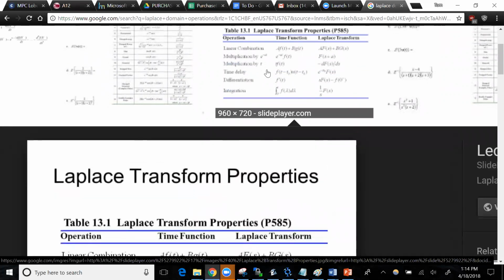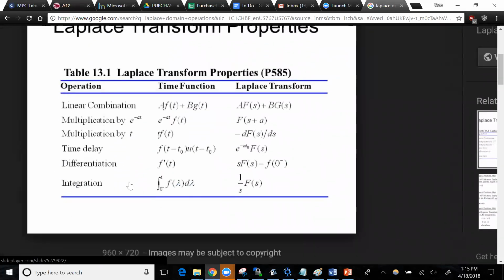These properties: differentiation is like s times the function minus the initial condition, and integration is 1 over s times the function. And you can think of the phasor domain as kind of like the Laplace domain where you're restricting s to be on the j omega axis. So you're only dealing with sine waves, whereas the Laplace domain is a broader class of functions that you can work with.